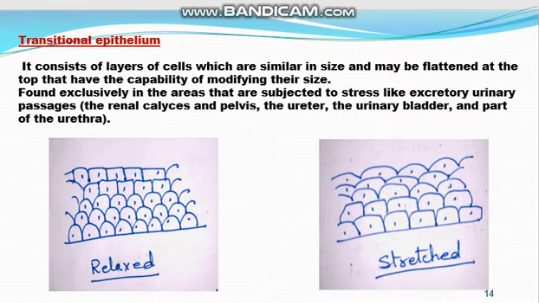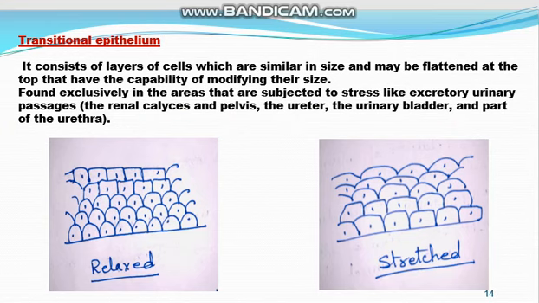Then comes the transitional epithelium. It consists of a layer of cells which are similar in size and may be flattened at the top, that have the capability of modifying their size. It is found exclusively in the areas that are subjected to stress, like the excretory urinary passages, the renal calyces, pelvis, ureter, urinary bladder, and part of the urethra.